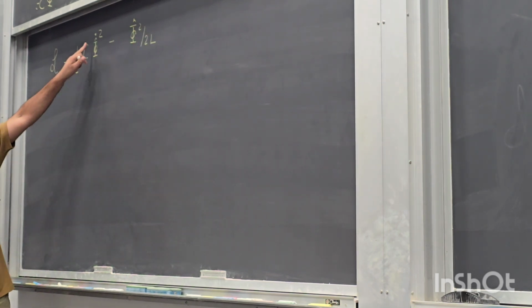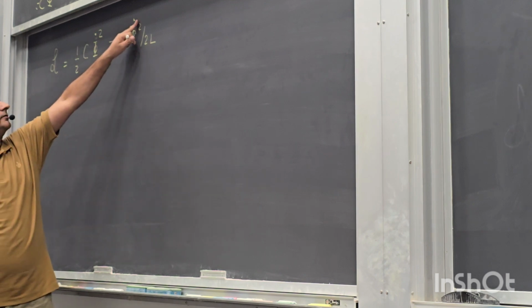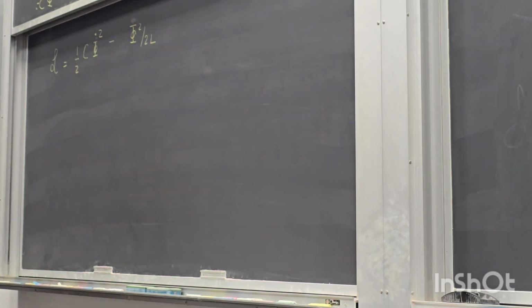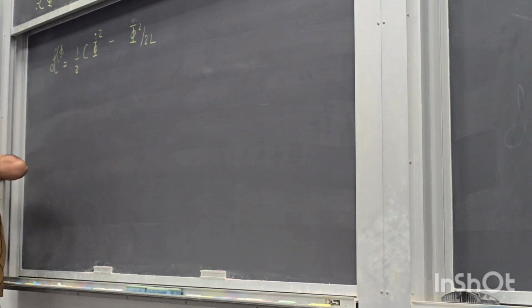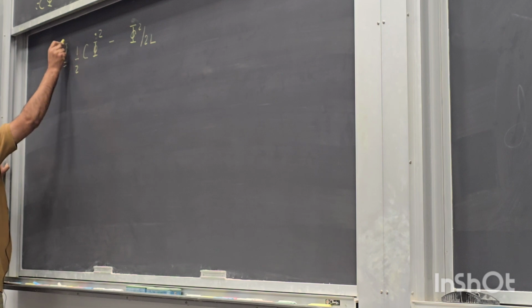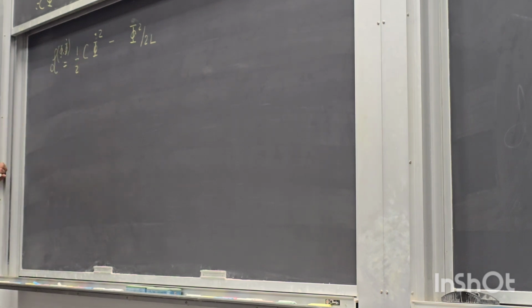And for a moment I'm dropping the hat notation from the Lagrangian. So this is the Lagrangian. This Lagrangian is a function of phi and q, or phi and phi dot. Correct?